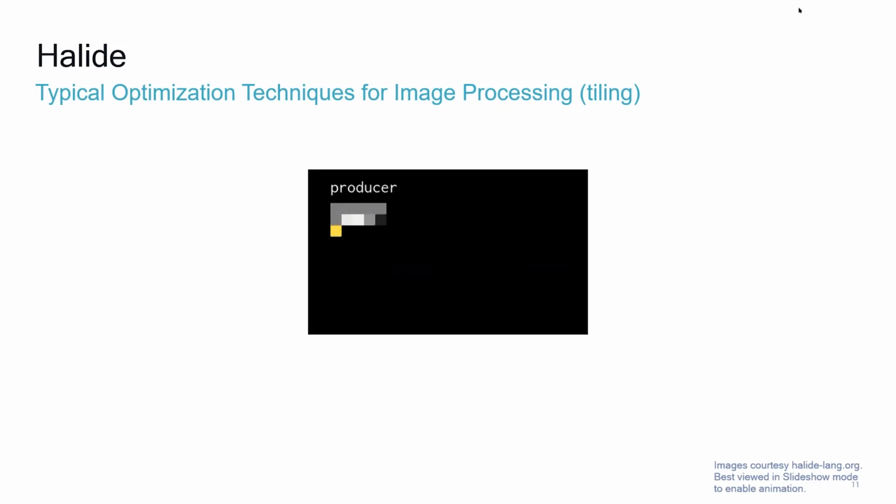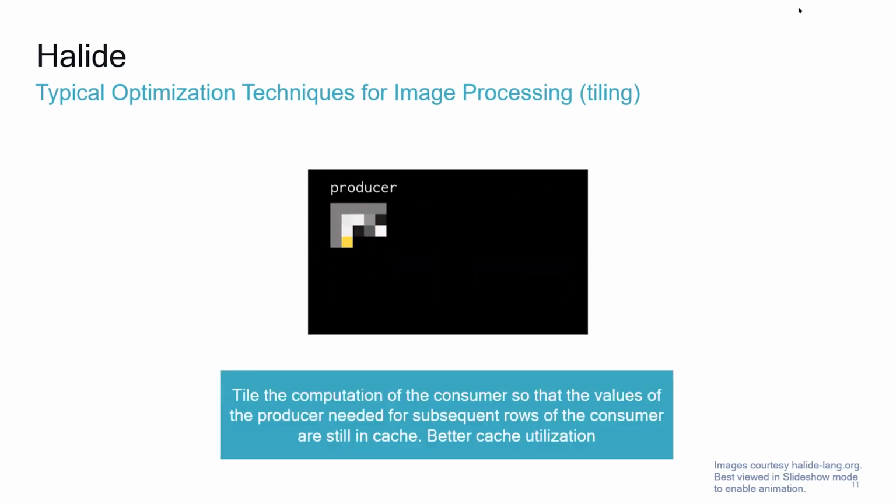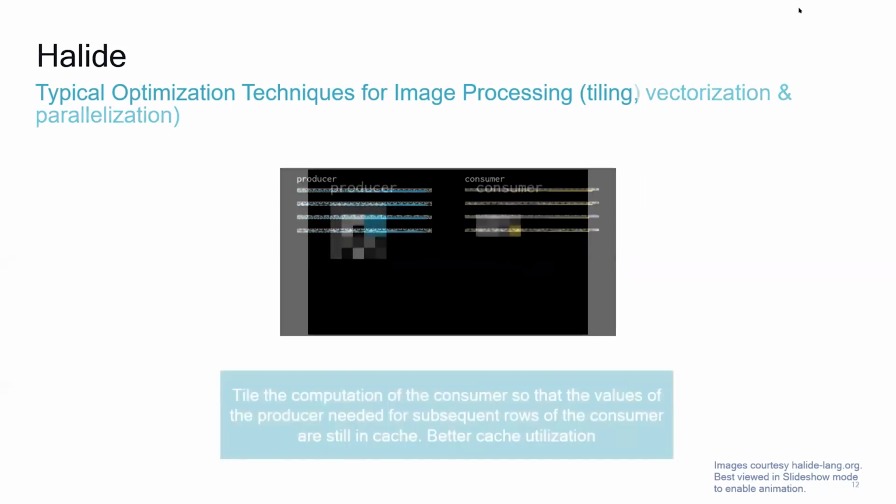We are producing one tile and then consuming and processing it. Then we do the second part, consume it, then the third and fourth. It helps us, as most of the data remains in cache, so we can process it faster. So the consumer consumes it faster. This is tiling, which is a very common operation in image processing.